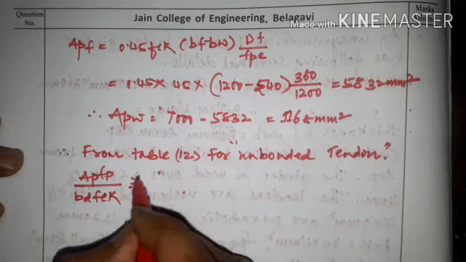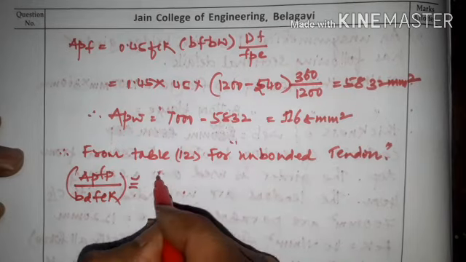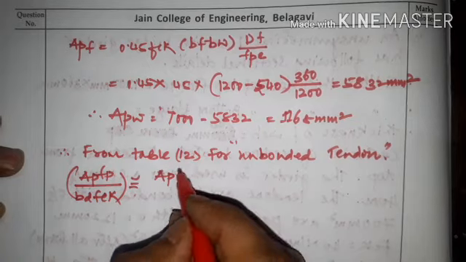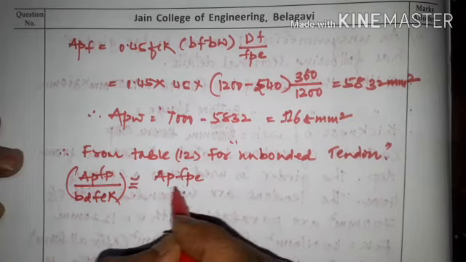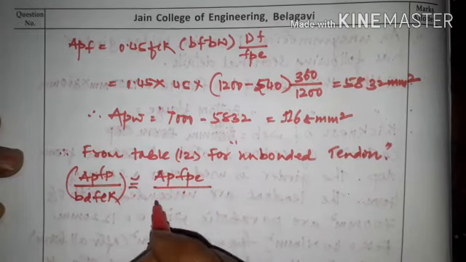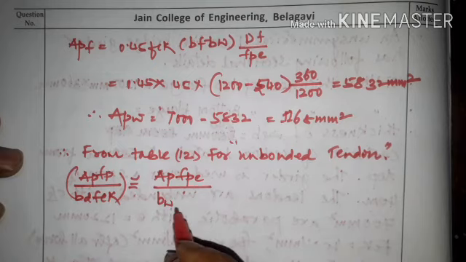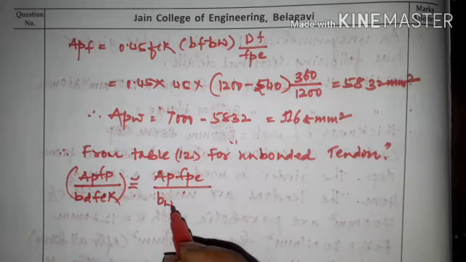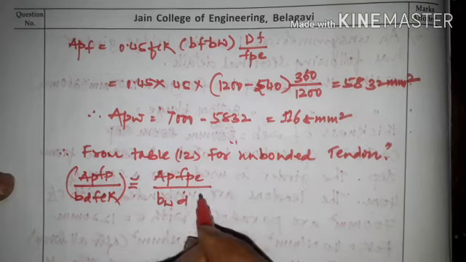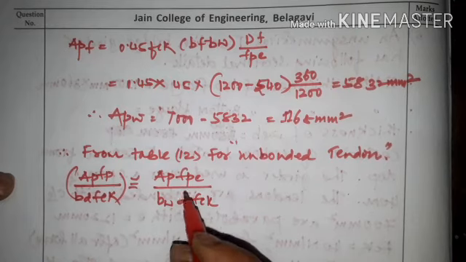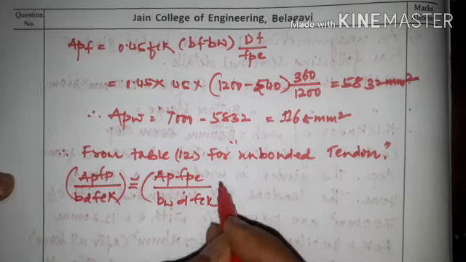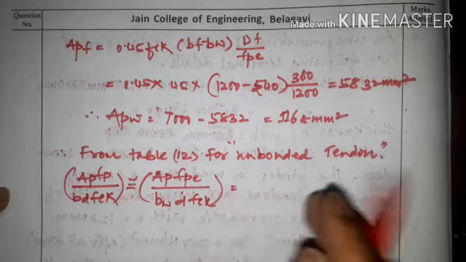So I will rewrite this. This will be AP into FPE, the effective stress, divided by BW, because we are assuming that it lies within the web, into D into FCK. I will substitute back here.